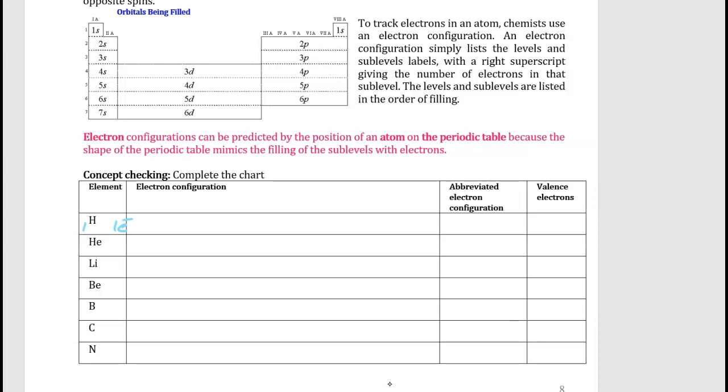That means it has only 1 shell, and 1 electron on 1 subshell, which is S. That's why we write its electron configuration like this: 1s1, correct? And let me rewrite it here: 1s, then 2s, then 2p, then 3s, then 3p. Okay, it's enough for this part of the table.